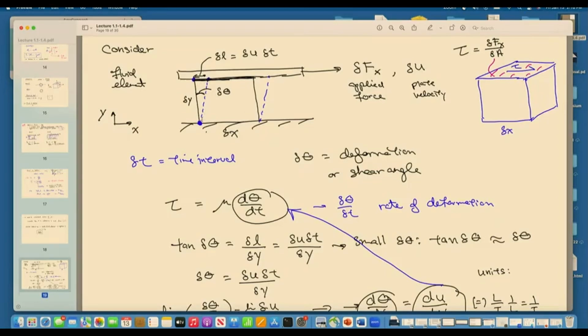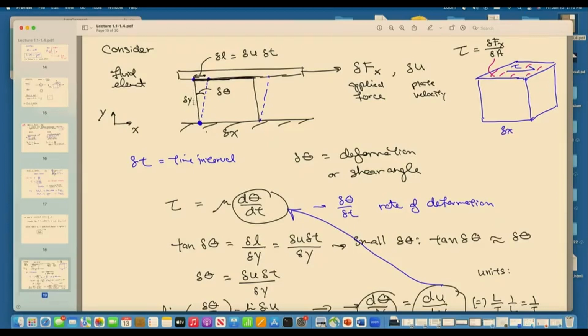Okay, and so this point here, well, let me just go back to the fact that we have a fluid element where we are imposing a shear stress associated with a force. And let me go back and indicate here, we're just considering the xy plane, x in the direction of motion, y vertical.